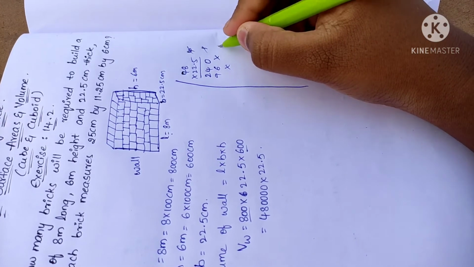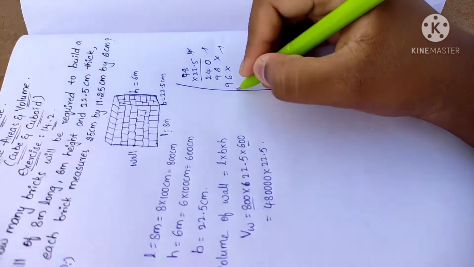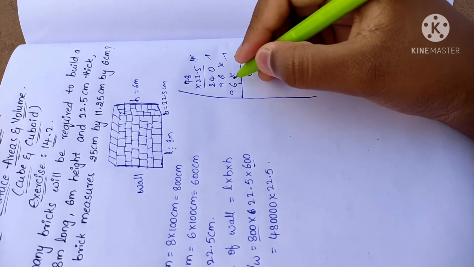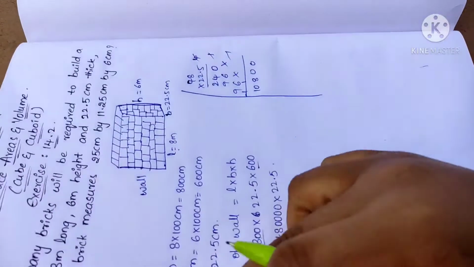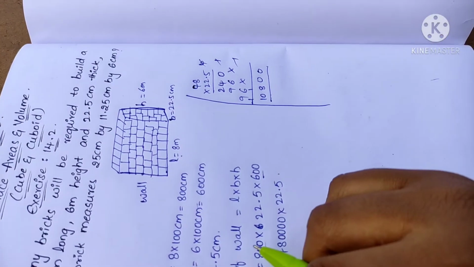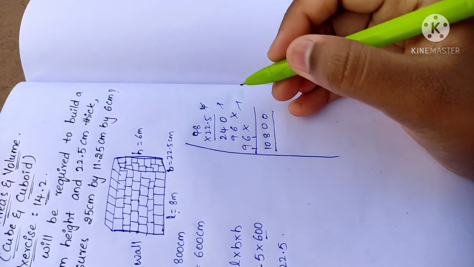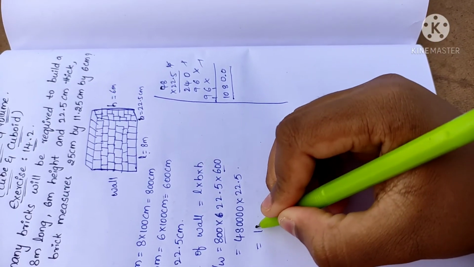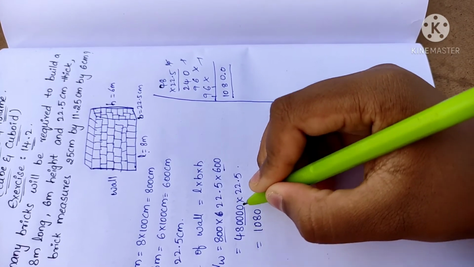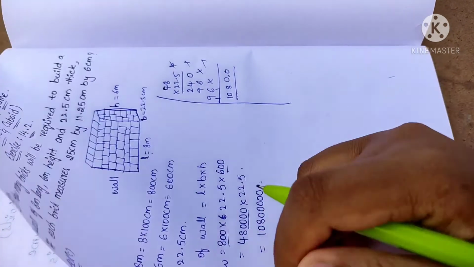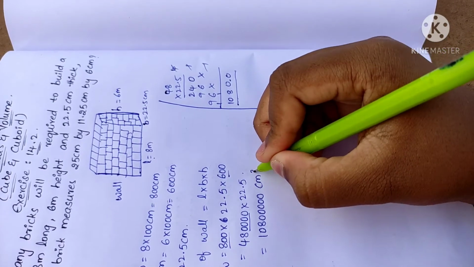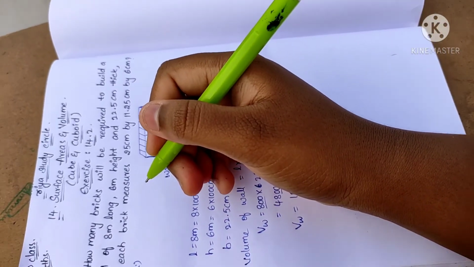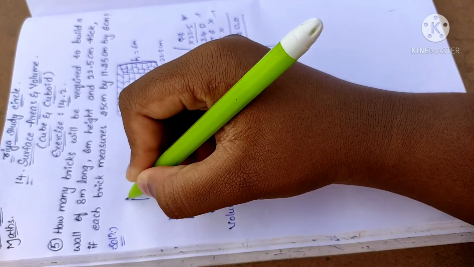Then adding, we get 1080, and with one digit after the decimal point we put the point before 1 digit, but here we have 4 zeros already, so we have to take those 4 zeros here. So the volume of the wall equal to 10800000 centimeter cube.